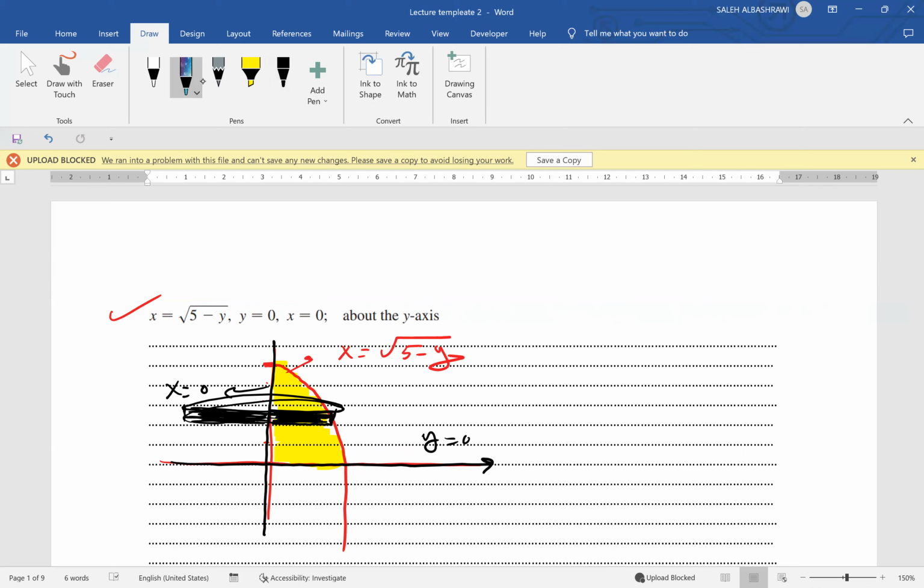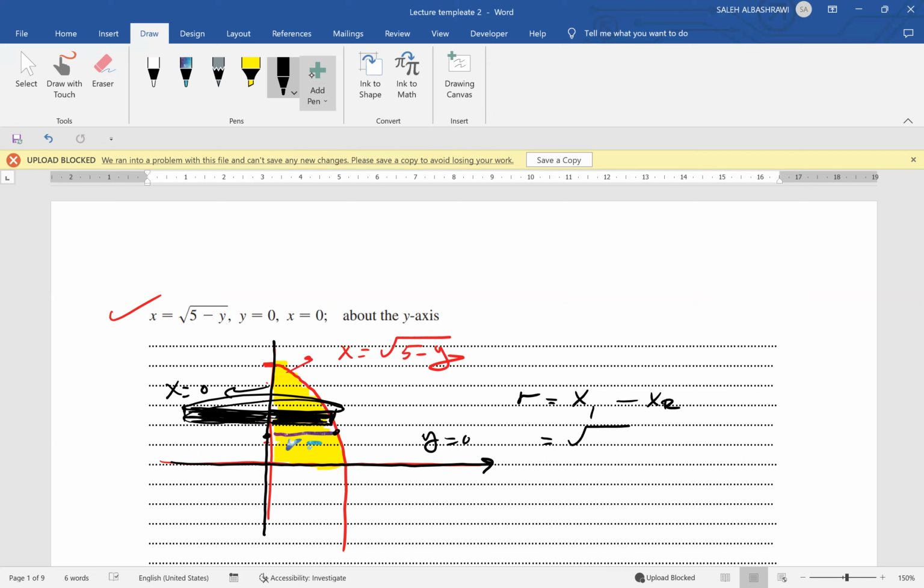And R, this is R, which is equal to the length of the rectangle. Since it is a horizontal one, we say that the right curve minus the left curve, R will be given this time as x2 minus x1. x2 is the right one, you put x1 and x2. It is the right curve minus the left curve.